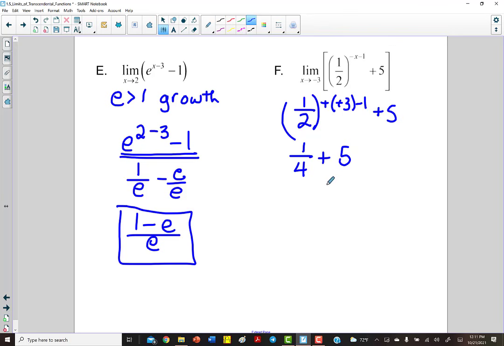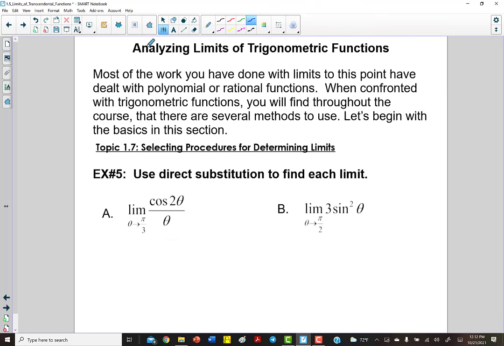So 5 and 1/4 is 21/4 for a limit as we approach negative 3. So these two were not end behavior models, they were just at a specific function or value.